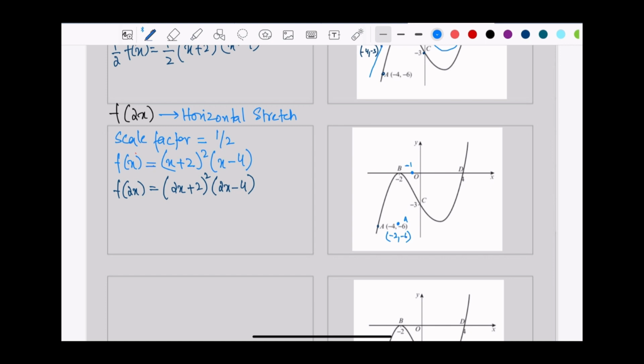C remains at 0 comma negative 3 because the x coordinate was 0, and 0 divided by 2 gives you 0. So this remains as is. So this coordinate here will shrink further, and this coordinate D, which is 4, is going to be somewhere at 2, half of it. So the curve will look like this.